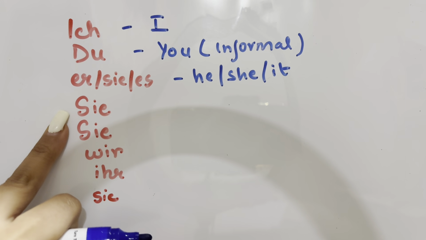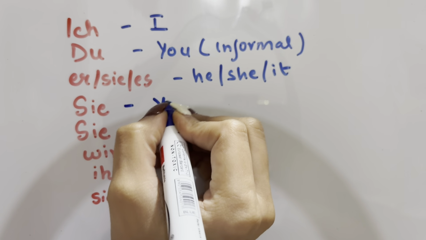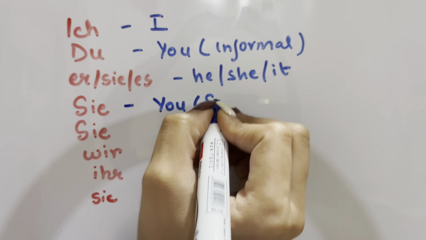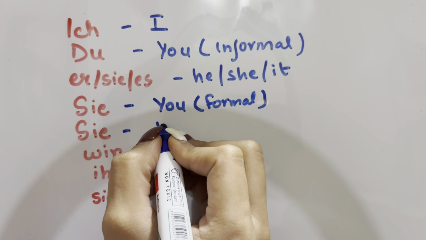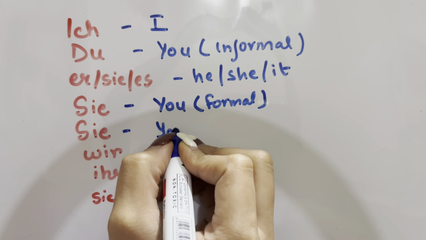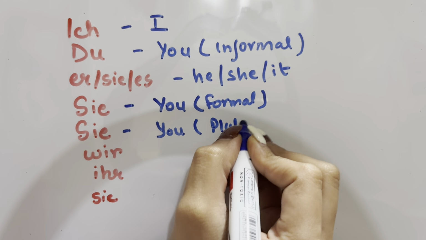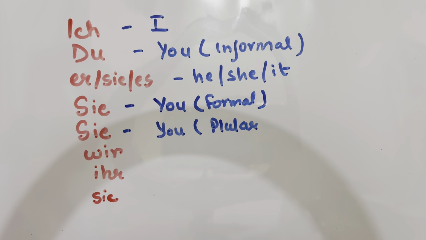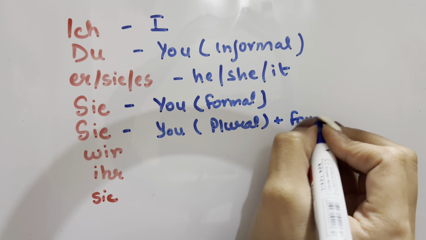Next, we have Sie with a capital S. This is you again, but it is formal. Then we have you again, and it is plural. It is plural as well as formal.